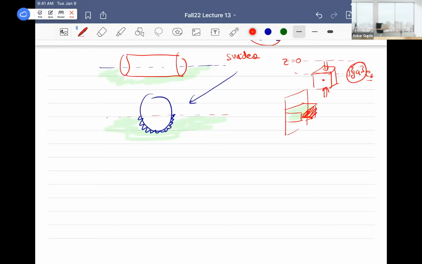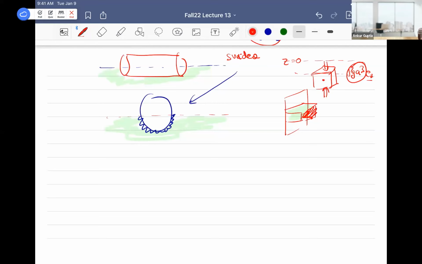If you want to think about pressure forces, though, the pressure is P equal to P naught minus rho g z on the upper face, and P naught plus rho g z on the lower face.